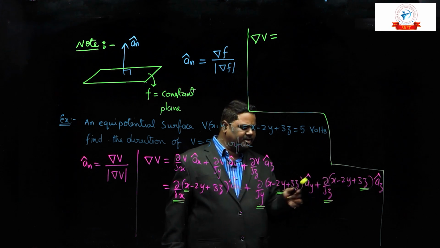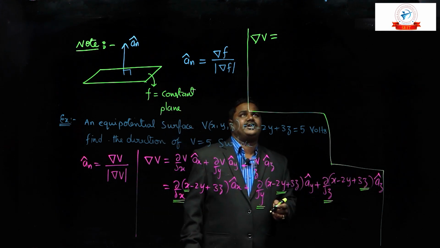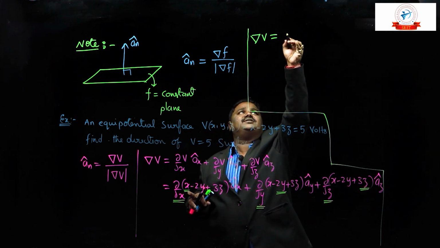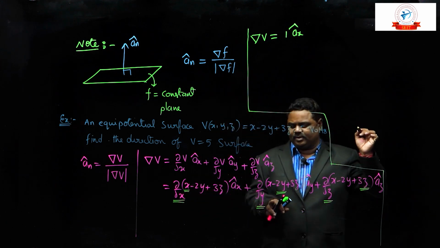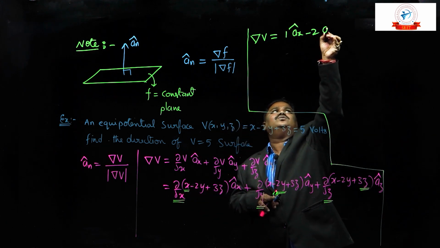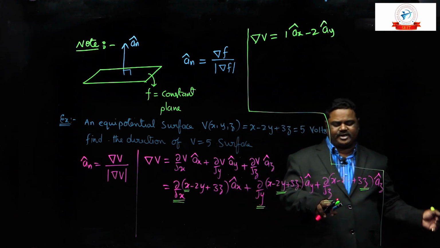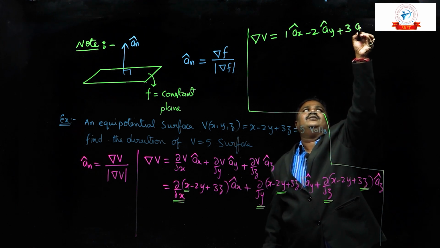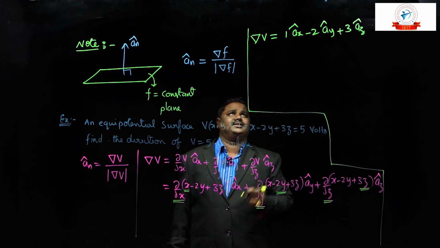The remaining terms are constants for that differentiation. So what is the differentiation of x? You get 1 into x cap. The differentiation of minus 2y gives minus 2 into ay cap. And the differentiation with respect to z of 3z gives 3 into az cap. This is what the gradient of V is.